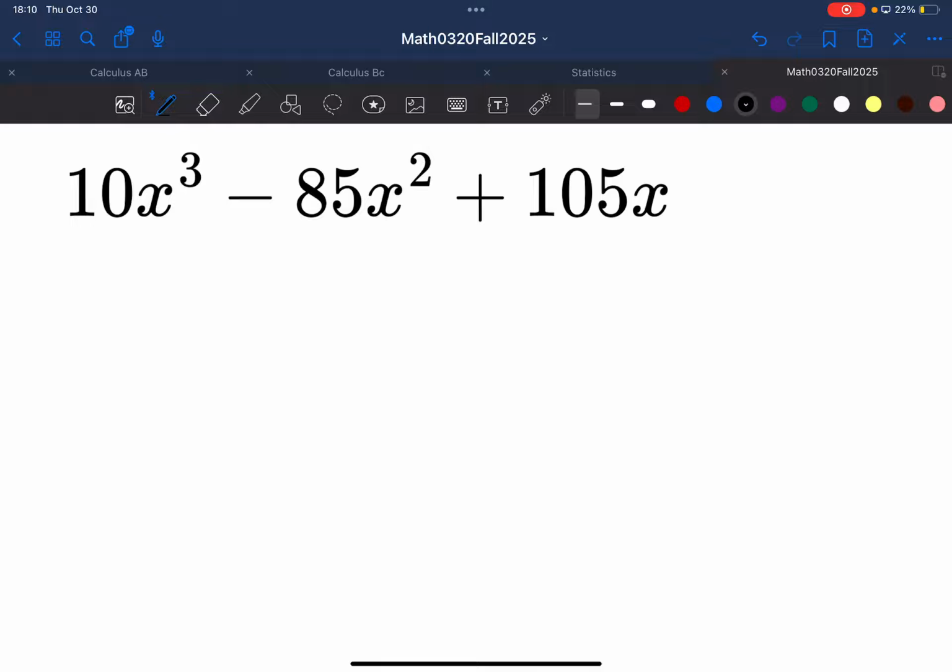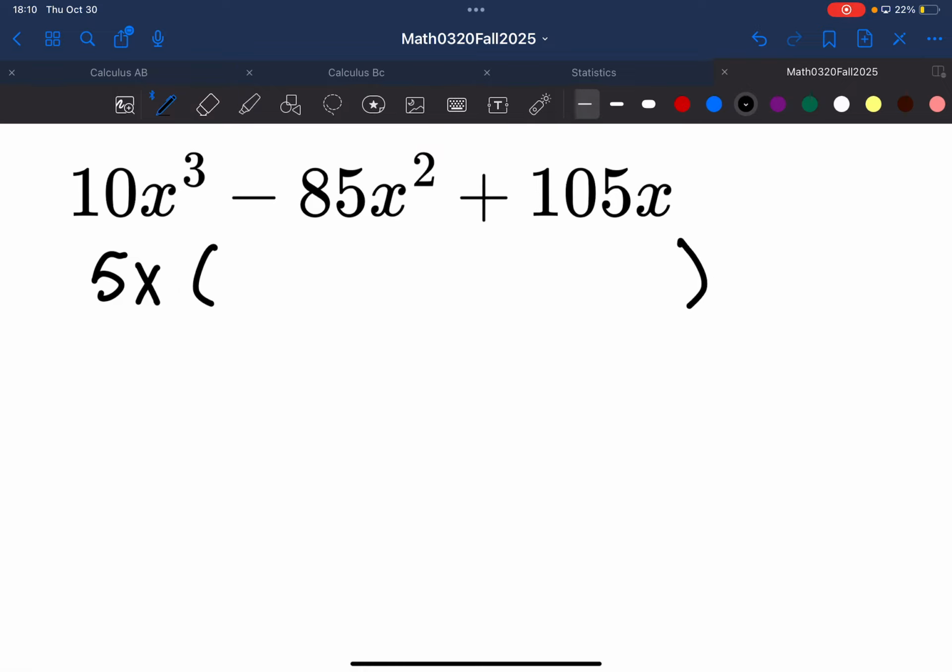Because remember, the goal is to factor a trinomial, and a trinomial has x squared, then x, then a number. We are not going to talk about how to factor a cubic here. So you know you have to also take out an x. So 5x, so when I take out that 5x, I have to write what I have left over.